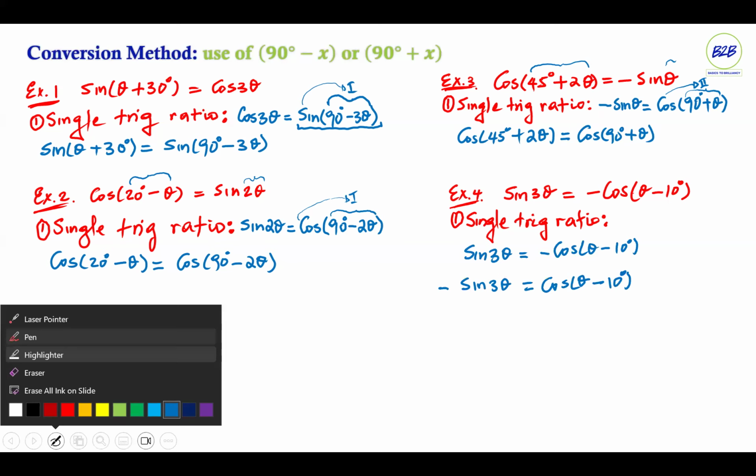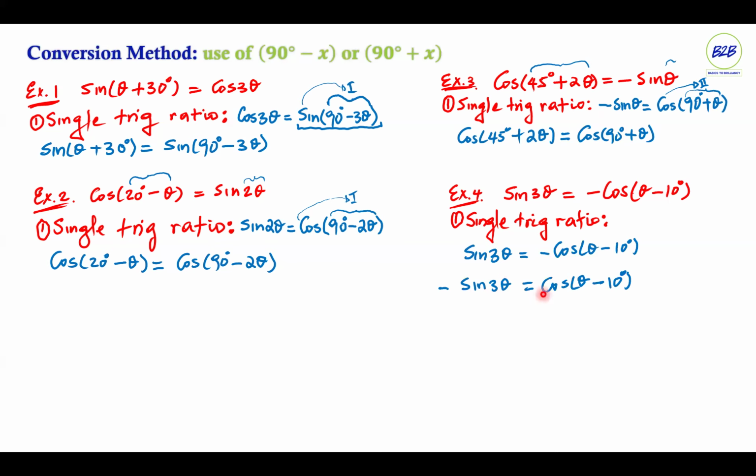So there is something now that you are discovering here. Preferably, the coefficient of cos is +1, always. The coefficient of cos is always +1 in order for you to apply this conversion method. However, the coefficient of sine can either be +1 or -1.